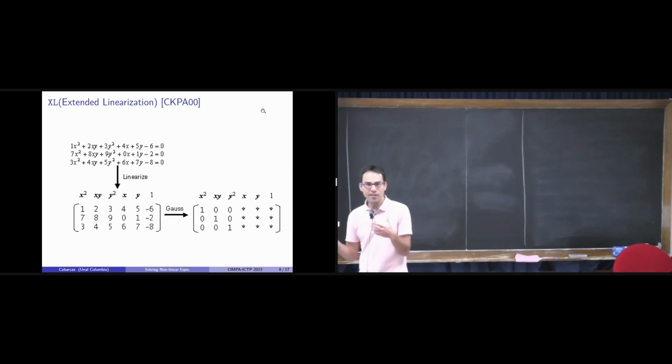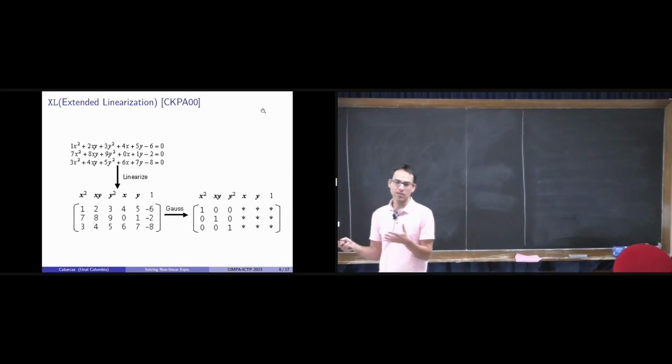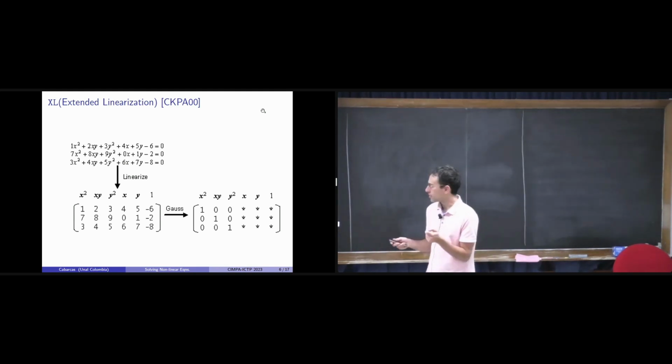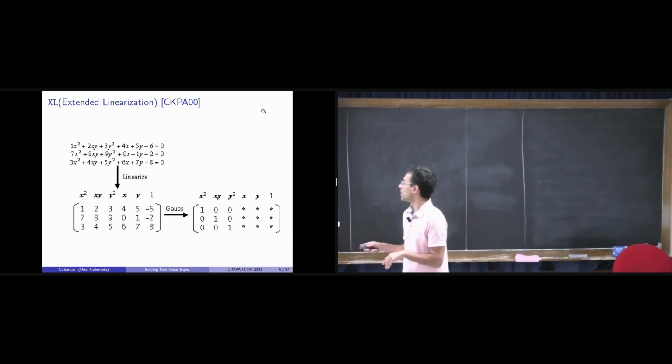But actually, the theory behind this was there before it was described in this way. The theory can be tracked back to Daniel Lazard from the 80s. We will get to Lazard later, but for now, let me call it the XL algorithm, extended linearization.